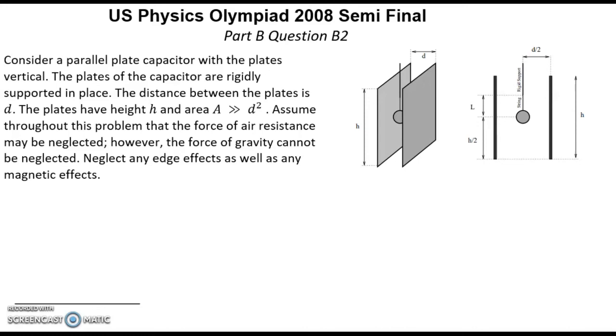The plates have a height h and area A, big, much greater than d squared. Assume throughout this problem that the force of air resistance may be neglected. However, the force of gravity cannot be neglected. Neglect any edge effects as well as any magnetic effects.